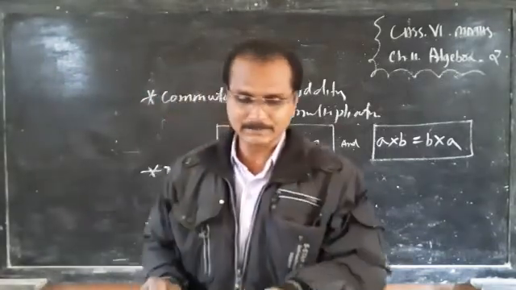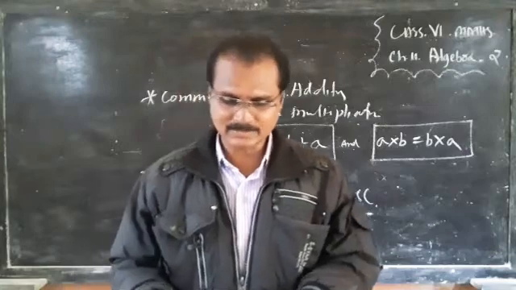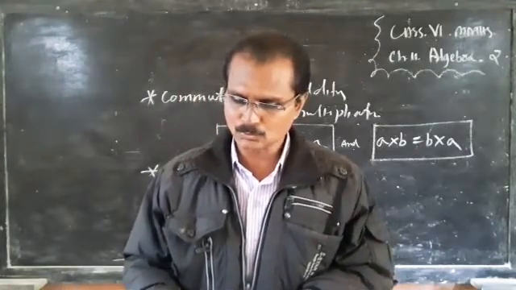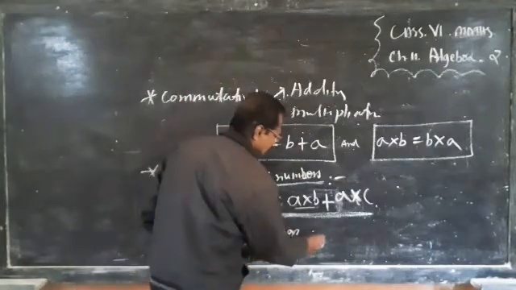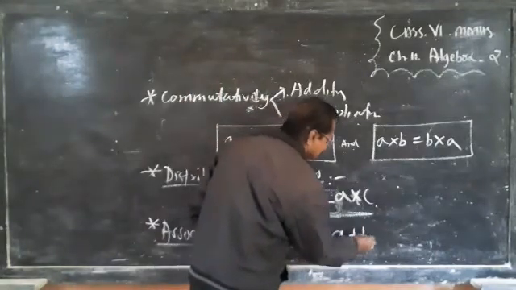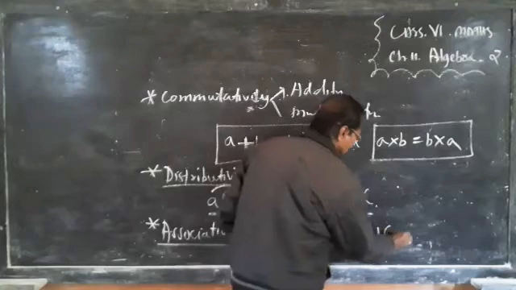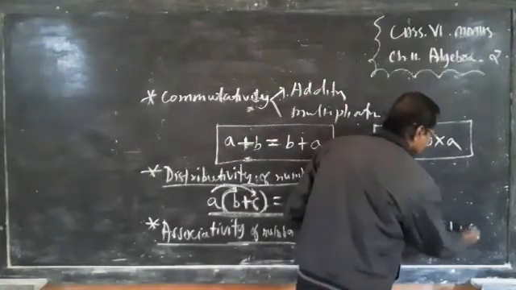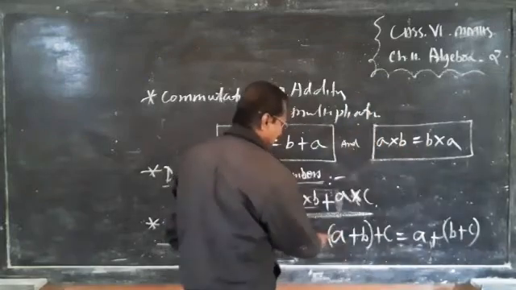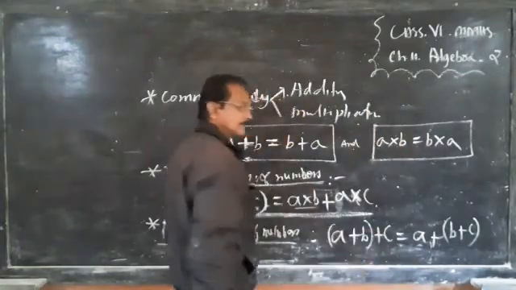This is on page number 231. Again here also, if three numbers are there, (a plus b) plus c equal to a plus (b plus c). Look here, three numbers a, b, c are there.